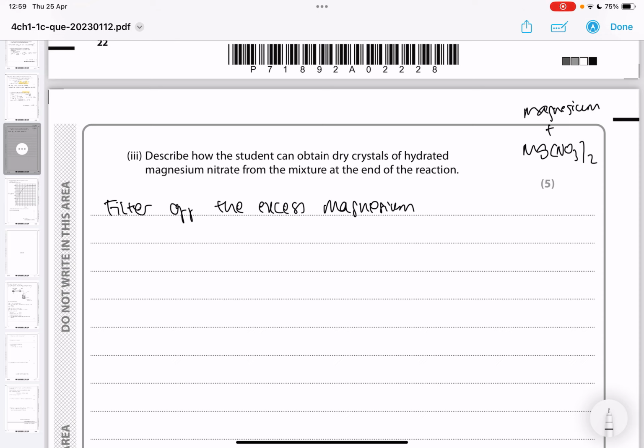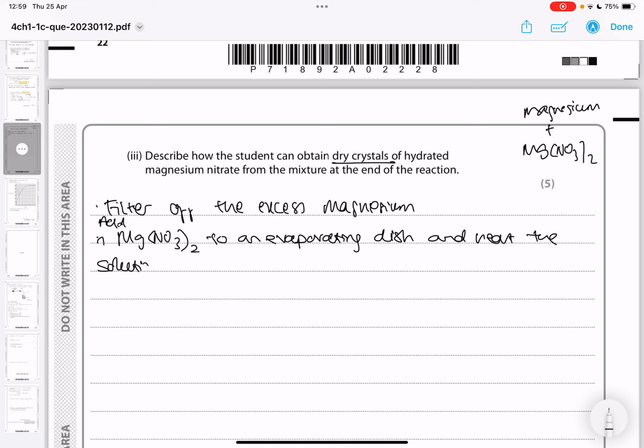Now what we're going to do after that, because we want to obtain dry crystals, we want crystals, so that means we have to use crystallization. So we add magnesium nitrate to an evaporating dish, and you heat the solution until crystals begin to form.